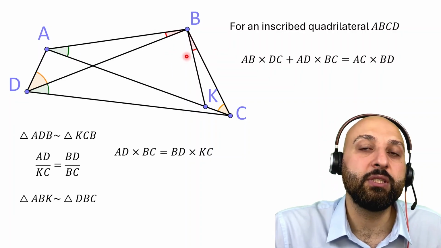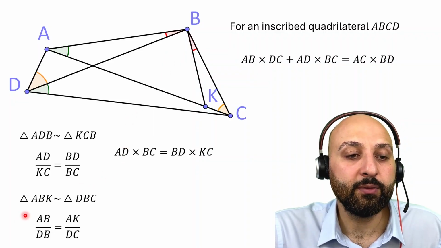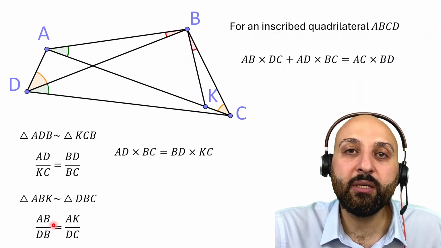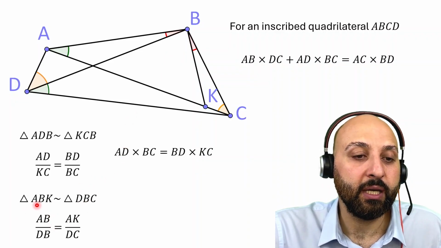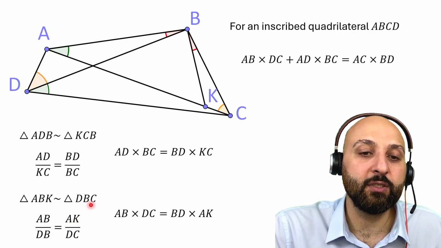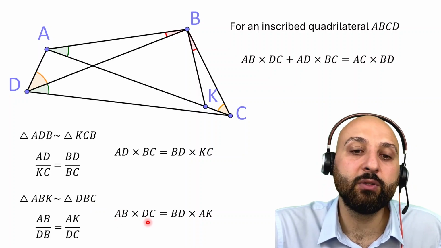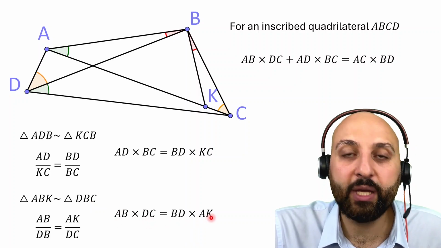So therefore, these two triangles are also similar. We can write the ratio again. For example, AB to DB is equal to AK to DC. Okay, so we have this one. We can multiply them together. AB multiplied by DC is equal to BD multiplied by AK.